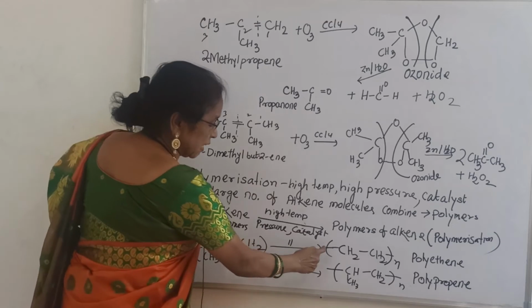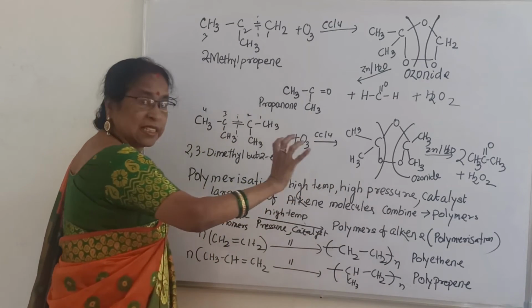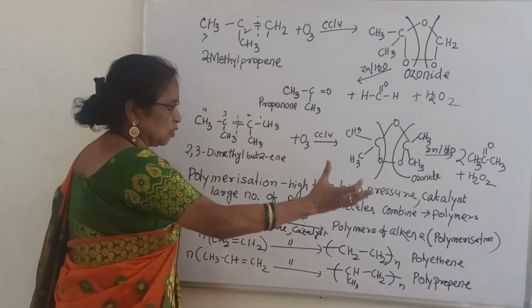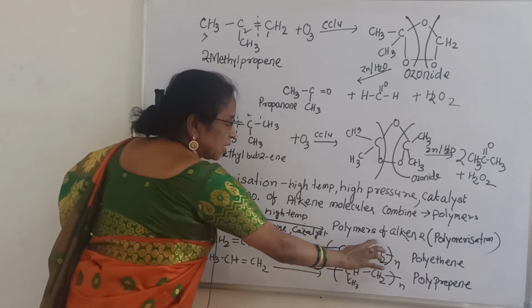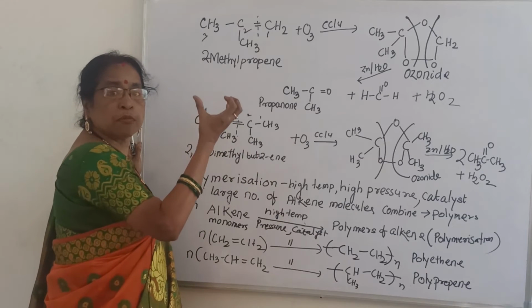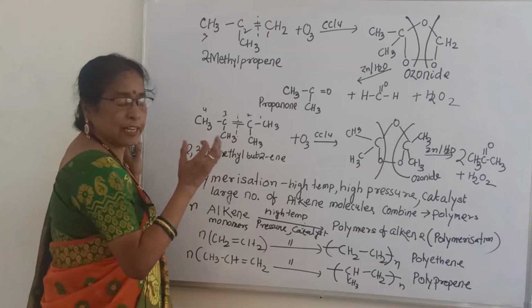Here n indicates the number of molecules, 100, 2000, any number, and the bracket means it is a part of the polymer, polyethene.